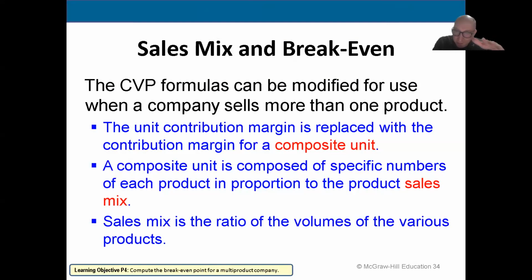Composite unit. It's the contribution margin for all of your different products that you sell. Instead of doing it for each individual product, you do it for the whole company using the composite unit. Sales mix is the ratio of the volumes of various products that the company sells.